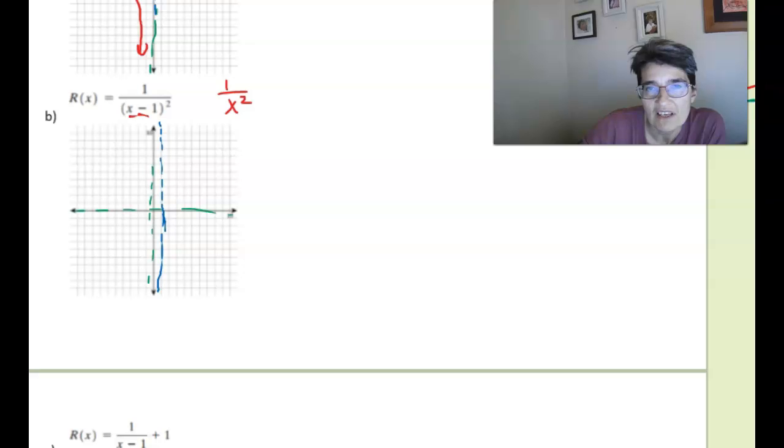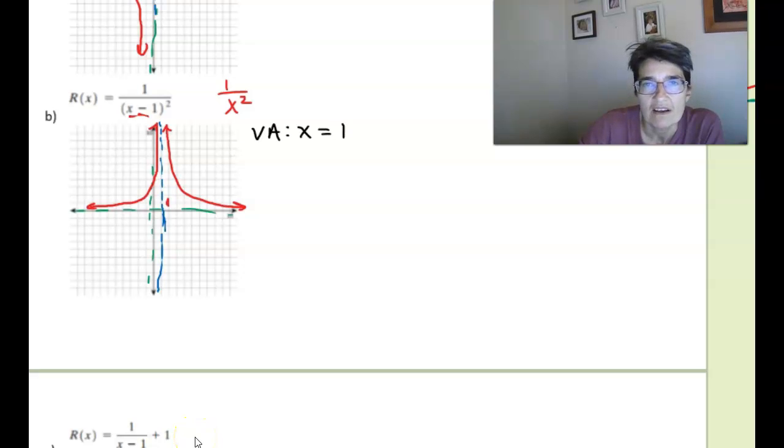The graph is going to look identical, just shifted 1 unit, so it starts here, and then on the other side like this. Now they have that vertical asymptote in between them, which is at x equals 1. So it has a vertical asymptote at x equals 1 and a horizontal asymptote at y equals 0. That didn't change because the shift was just horizontal.